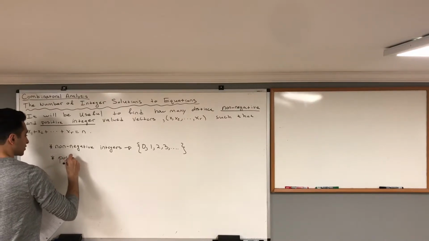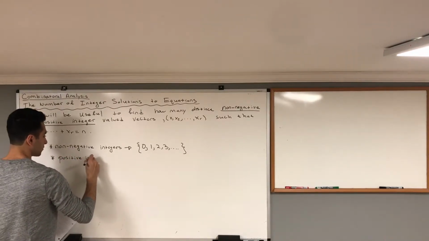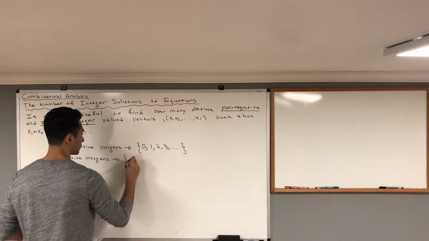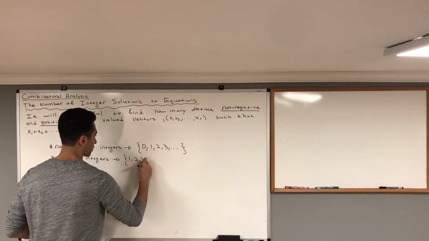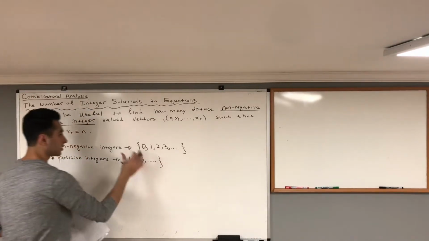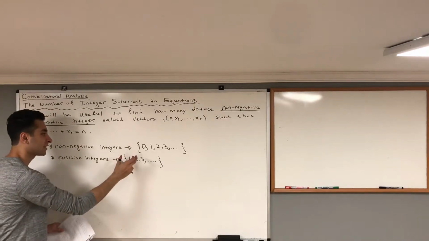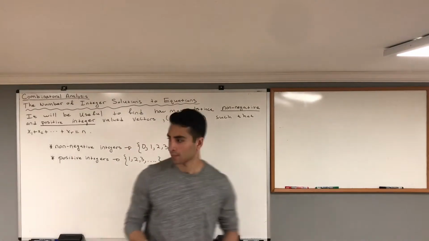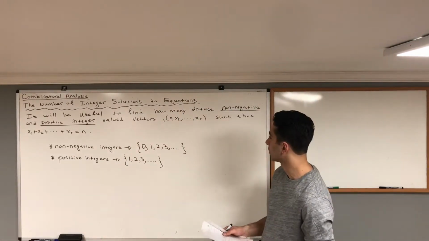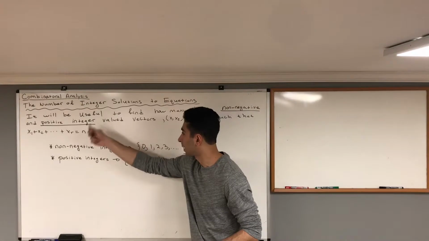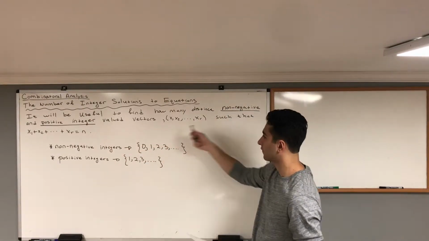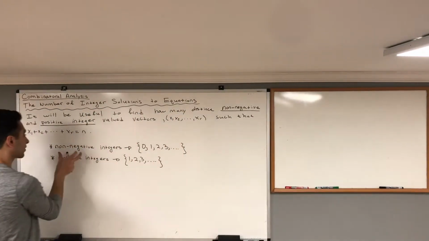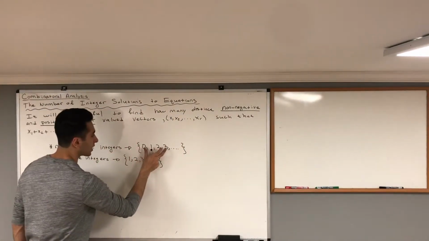While positive integers is actually the set of 1, 2, 3, etc. So it's literally almost the same set, except non-negative integers have a 0 and positive integers do not have the 0. And the positive integer valued vectors and non-negative valued vectors, well, this list has to have, if we're talking about non-negative integers, only these numbers.